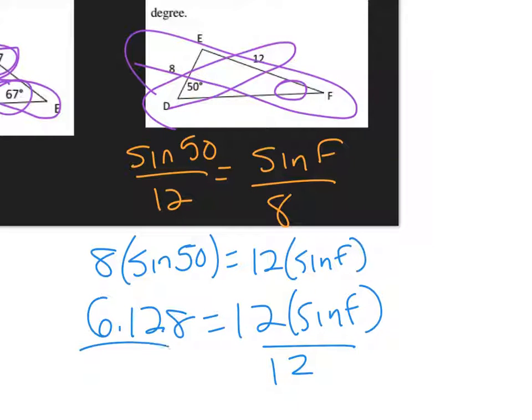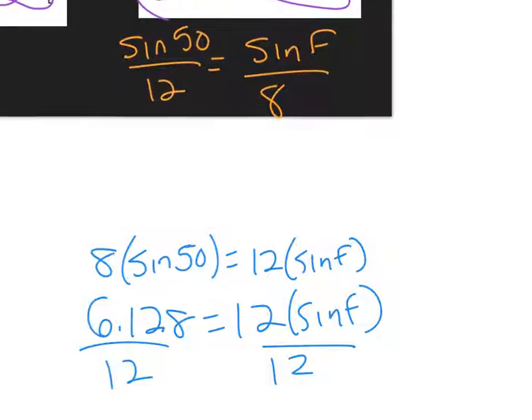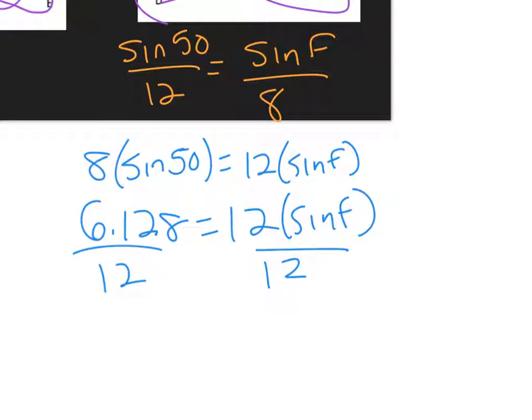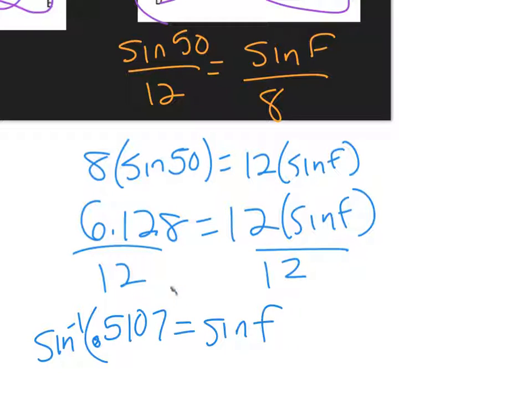If I divide by 12, that's going to give me a little bit more than 1/2. Then to solve, I'm going to take sine inverse of that, which gives me an answer of approximately 30.7 degrees.